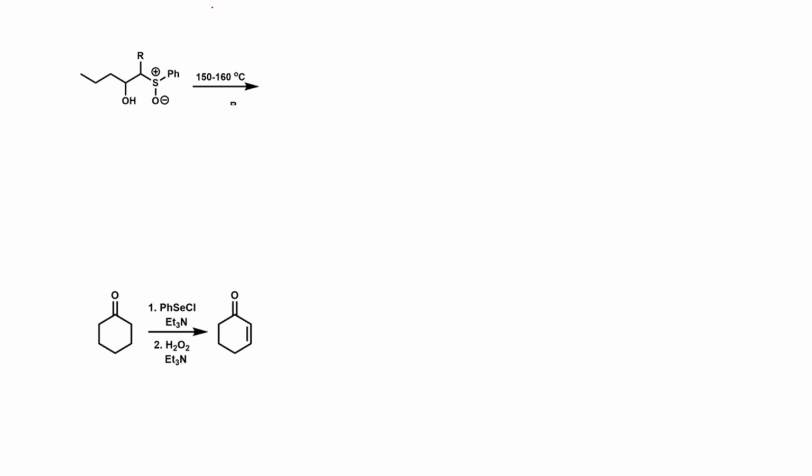Here one example is given. You have to find the adjacent beta hydrogen. There is a hydrogen. So this O minus will take up this proton. Sorry, this is not beta.